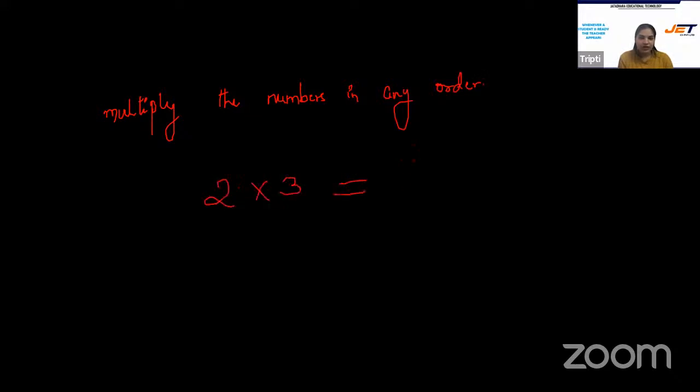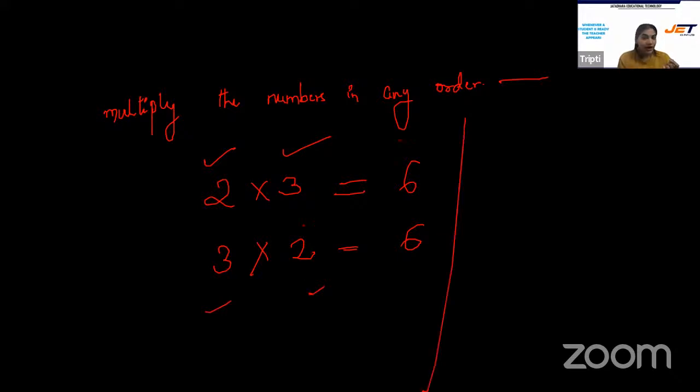What is 2 times 3? 6. 2 is at the first place, 3 is at the second one. So I'm going to interchange their places. 3 times 2. What will be the answer? 6 again. So if you interchange their places, you will get the same answer. And the answer of multiplication is known as product.